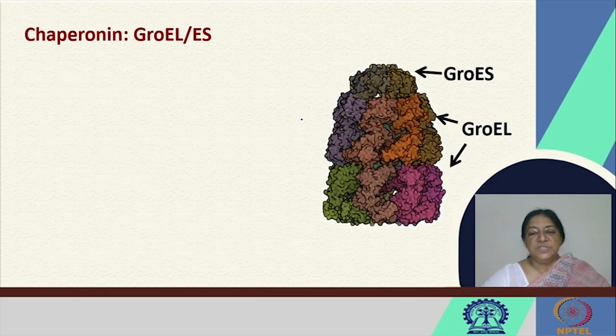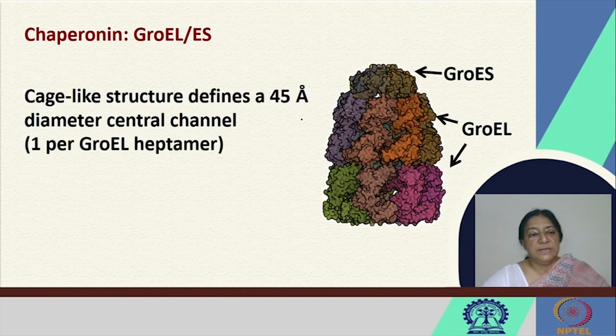The beauty of this structure is in its assembly and how it acts on the misfolded protein to create an environment within the cavity that is a folding environment, so the misfolded protein can fold correctly.